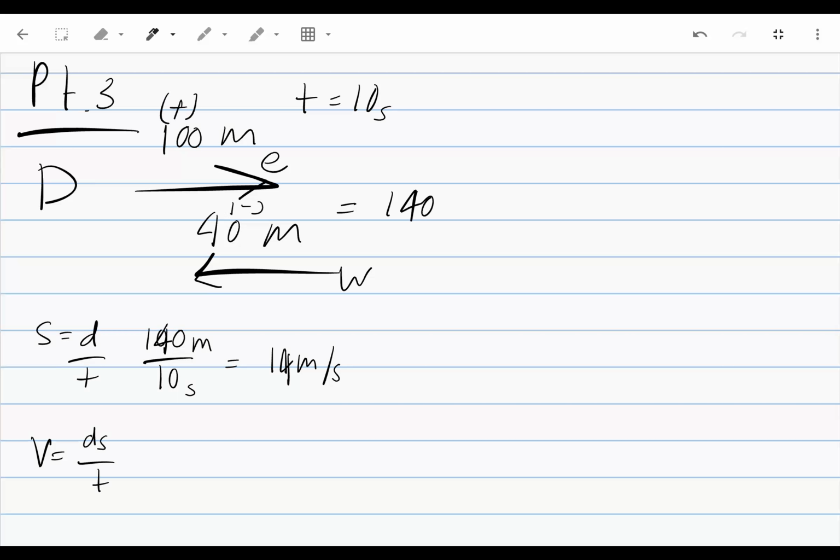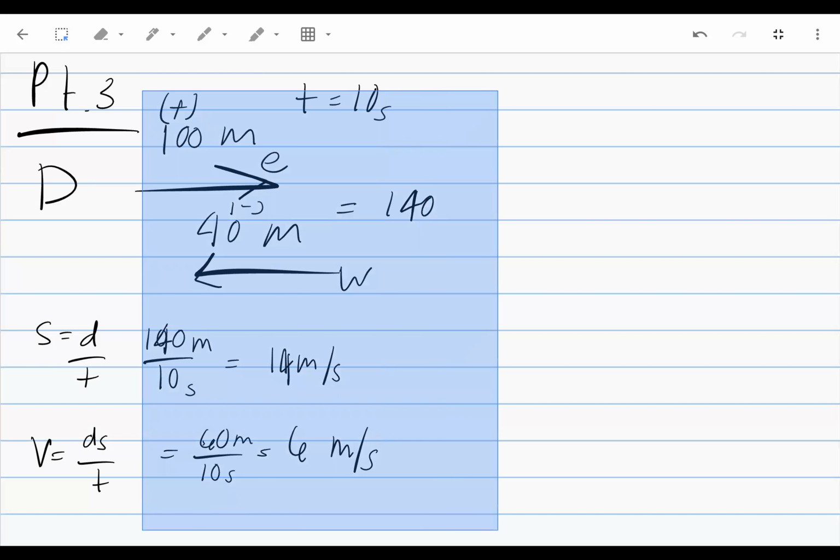So 100 minus 40, you get a total displacement of 60 over time, which again is 10 seconds. And the average velocity would be 6 meters per second. So that would be a distance versus displacement problem.